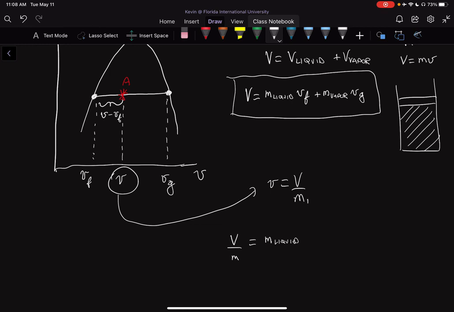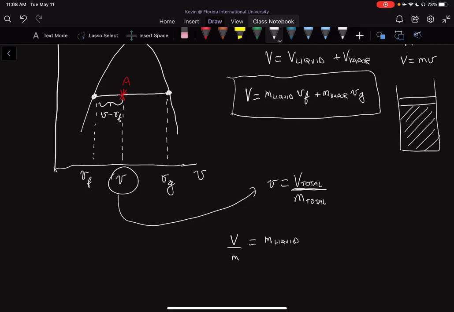And remember, this is M total, right? This is V total over M total is equal to v. This is the specific volume of the whole mix.